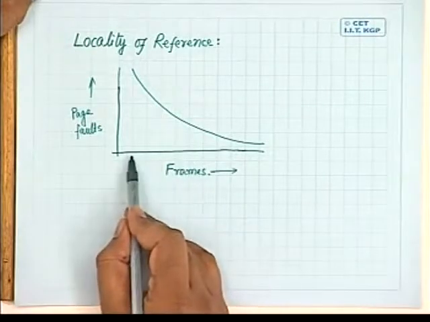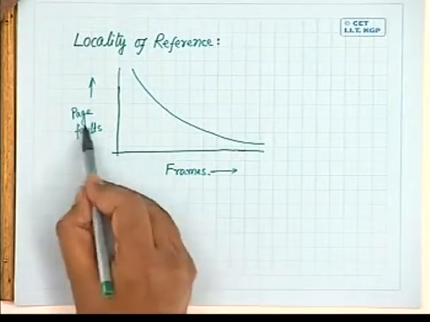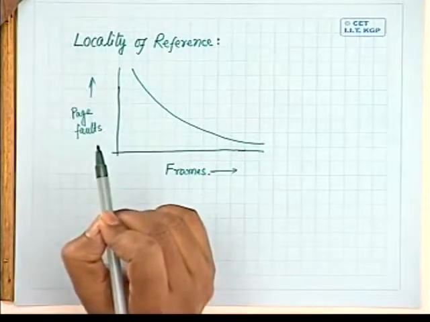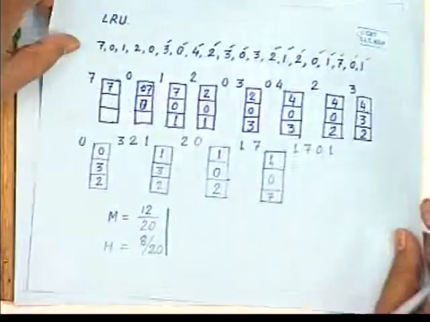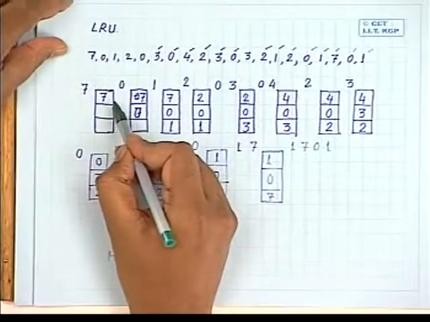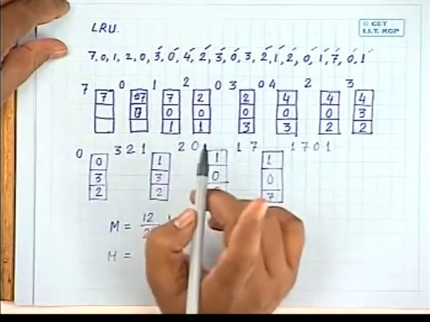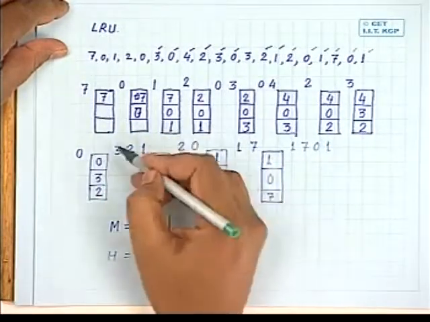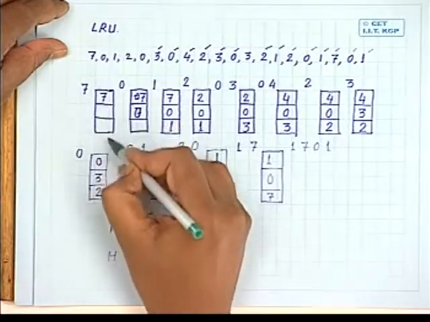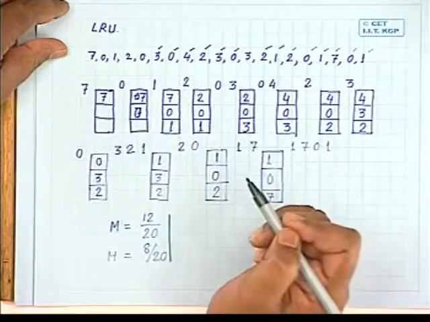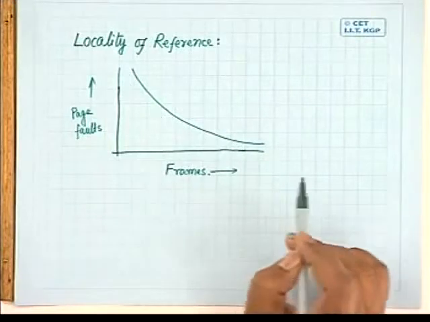So if the number of frames available for accommodating the pages is less, then the number of page faults will increase. And that is quite obvious. If instead of having 3 frames, I have only 1 frame to accommodate the pages, then every time a new page is referred, there is a page fault. Okay. If I increase the number of frames, the number of page faults will decrease. Okay. And this will follow a trend like this.